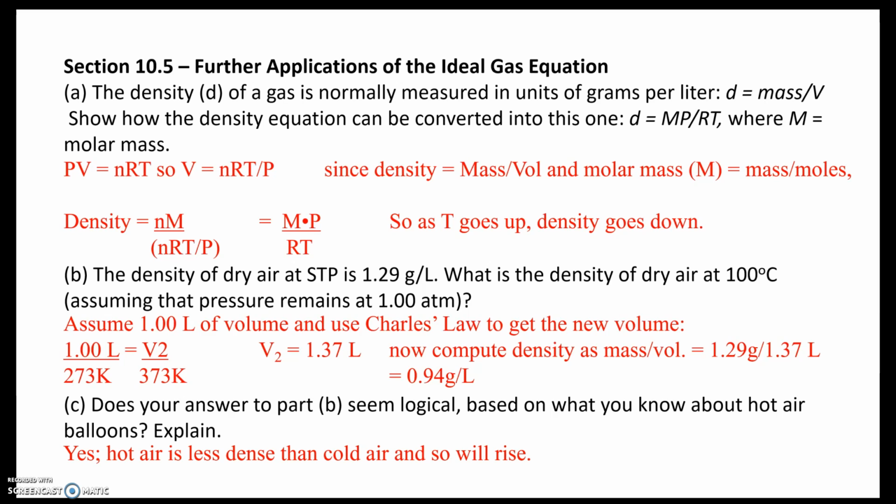Hot air, this new 100-degree air, is less dense. It's gone from 1.29 grams per liter down to 0.94 grams per liter. And so it's less dense, hot air rises. And that's what causes hot air balloons to go up. You heat the gas that's inside the balloon, its density goes down relative to the outside air, and so the balloon rises.